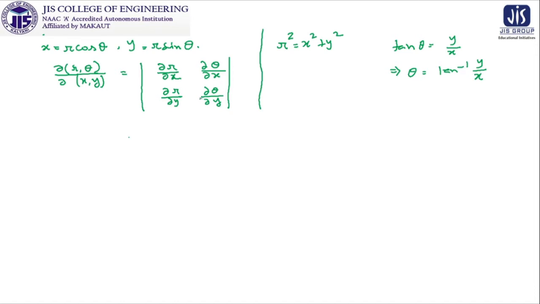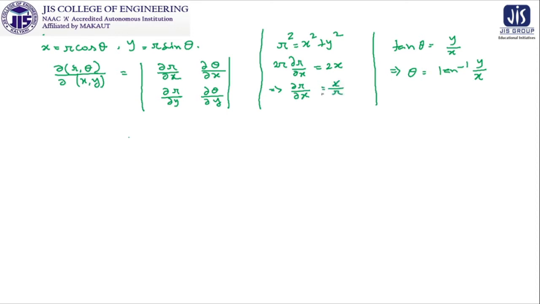Clear? Now we need del r del x. If we differentiate partially with respect to x here, we get 2r del r del x is equal to 2x. That means del r del x is equal to x by r.